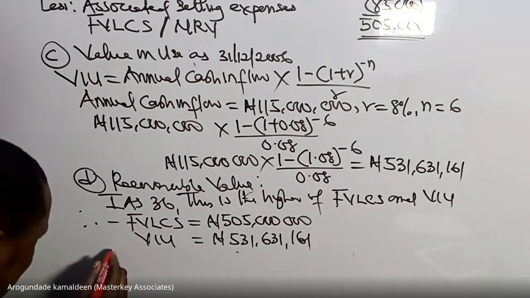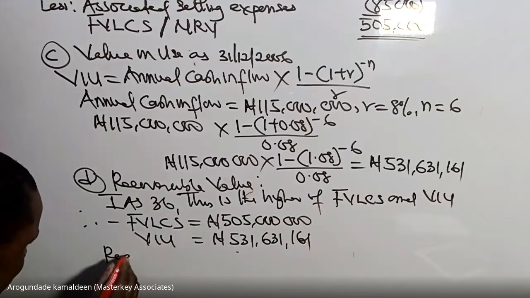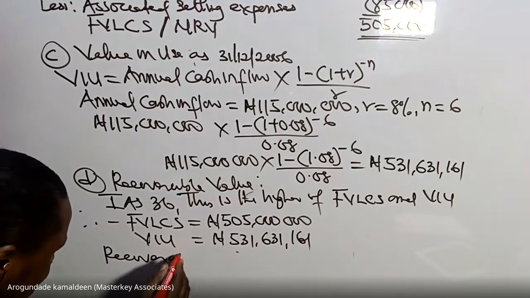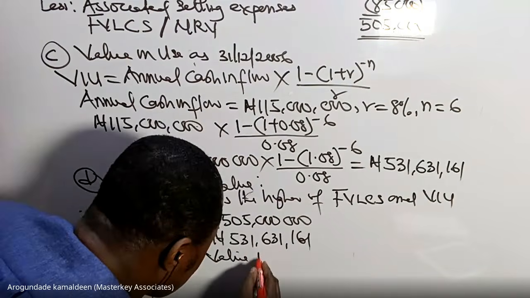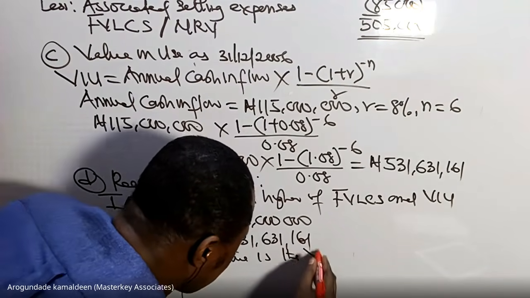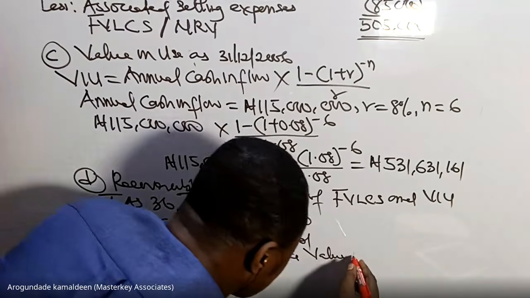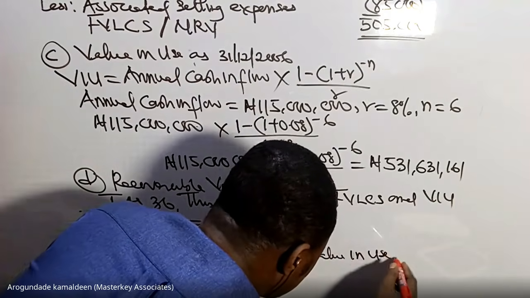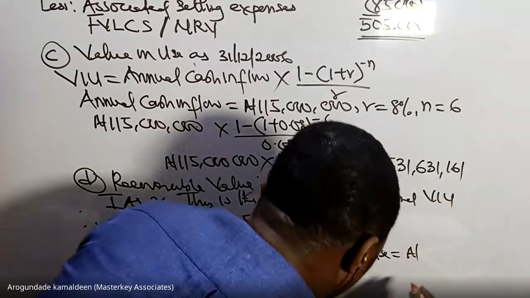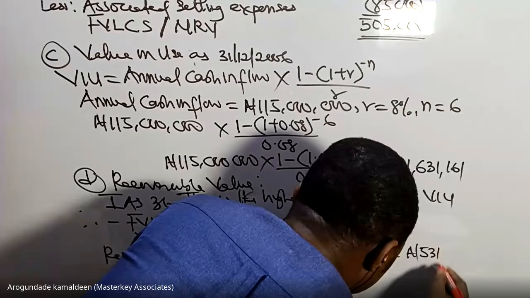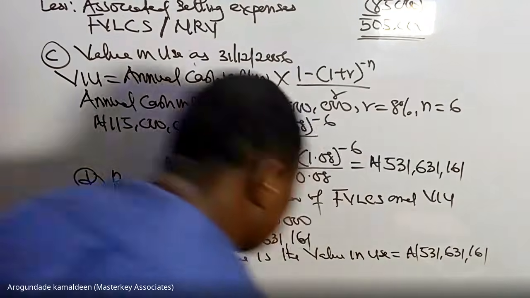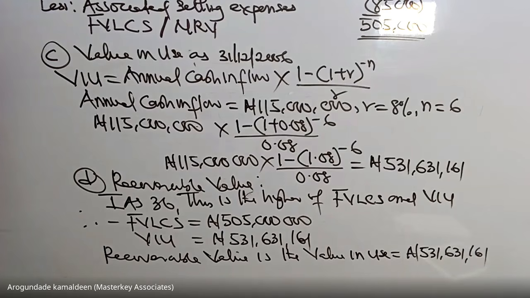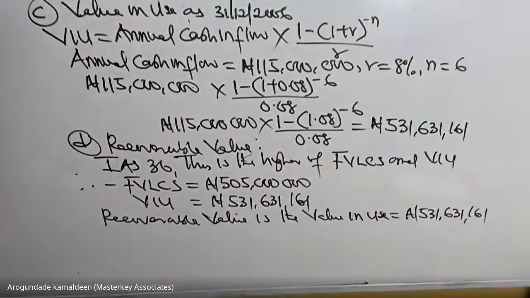So recoverable value is the value in use, 531,631,161. So that is what you are going to use for the impairment calculation.